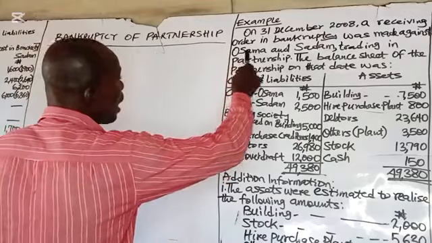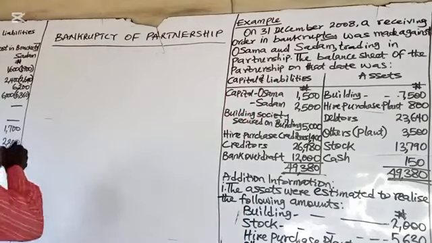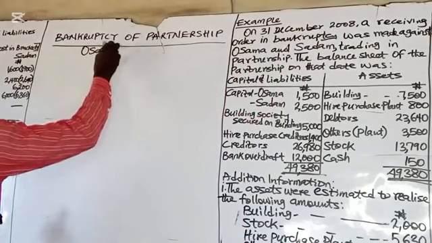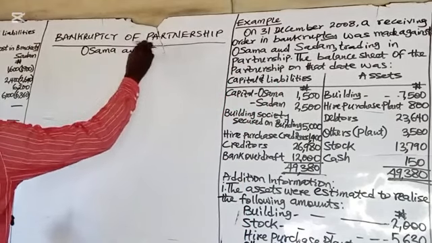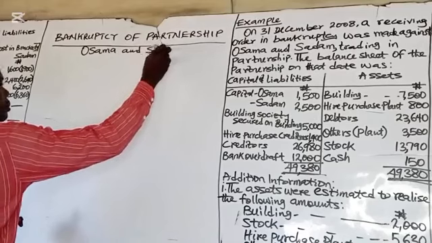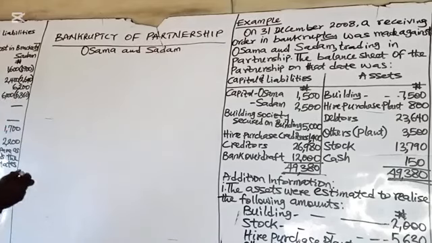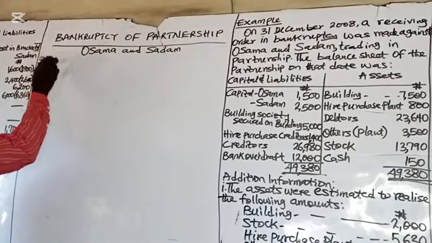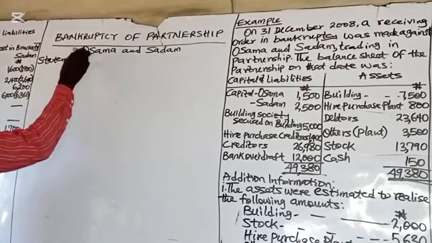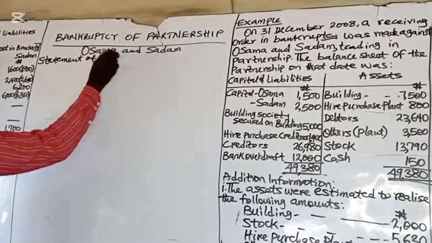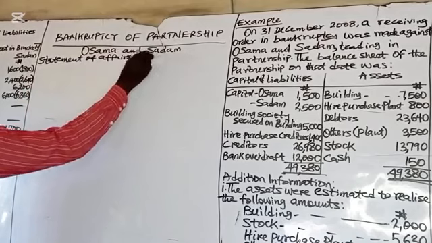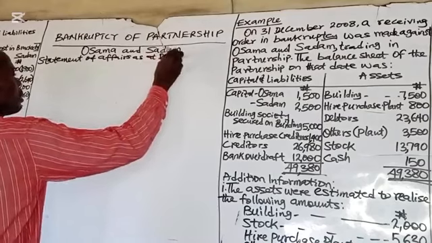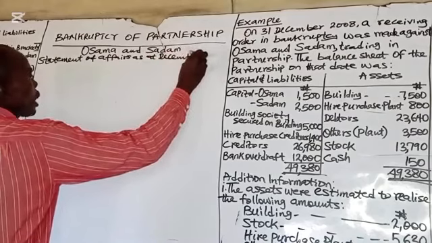We have Osama and Saddam. So the first requirement, you have to prepare statement of affairs as at December 31st, 2008.